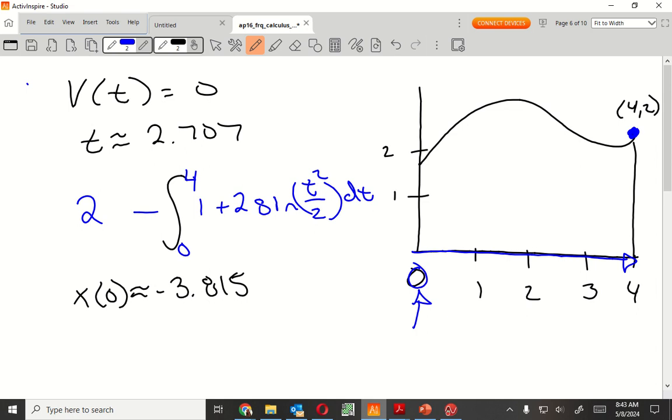Because this is the graph, it is in terms of t, my time, and the x's going up and down. I know it's kind of weird. X is my position, right? In terms of time.